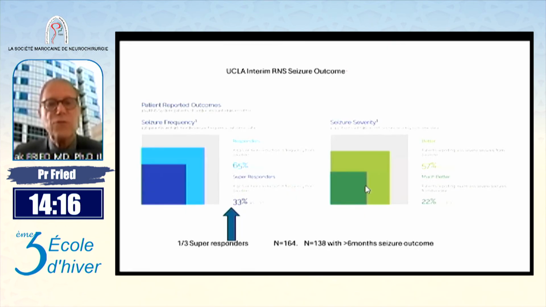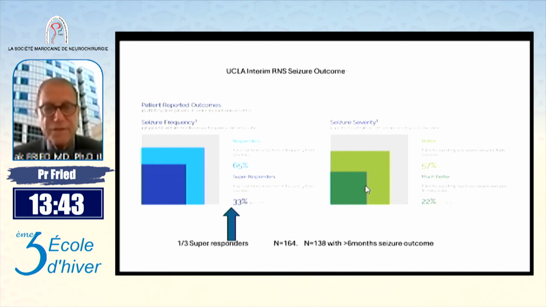So in terms of what we've done at UCLA, I've done over 160 cases of RNS. I use it often. UCLA has done over 200, and what we see is that we have essentially 65% who are responders, meaning they are getting over 50% improvement in seizure frequency, and also substantial improvement in seizure severity.